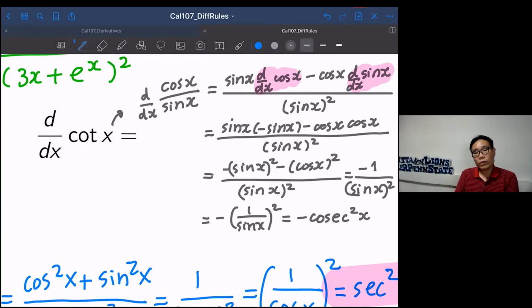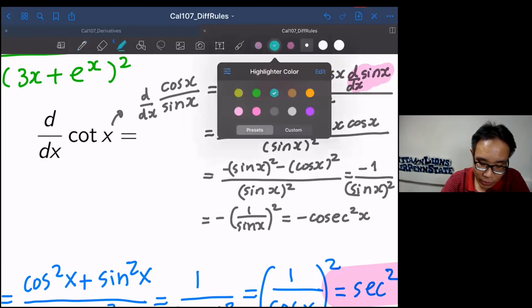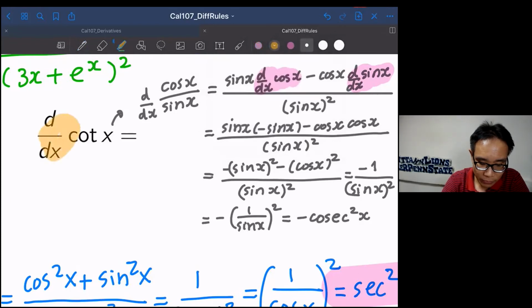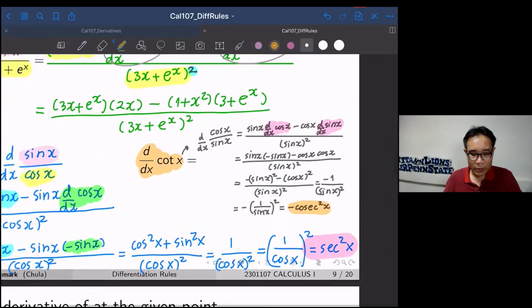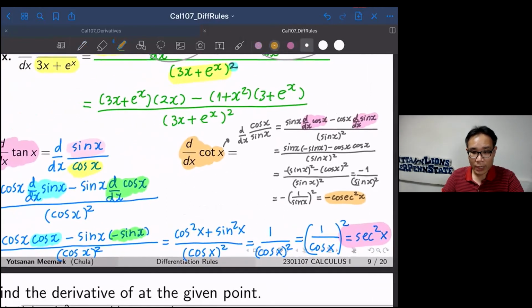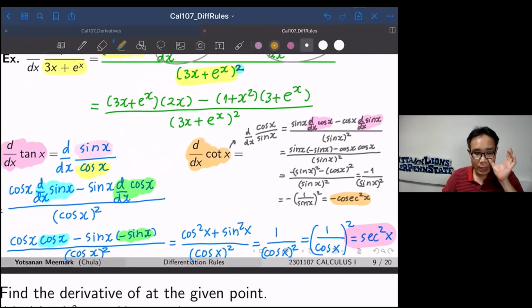Okay, so you have a formula for differentiating cot. The derivative of cot x equals negative cosec squared, and the derivative of tan is sec squared.